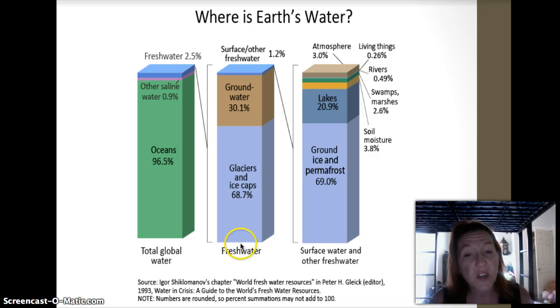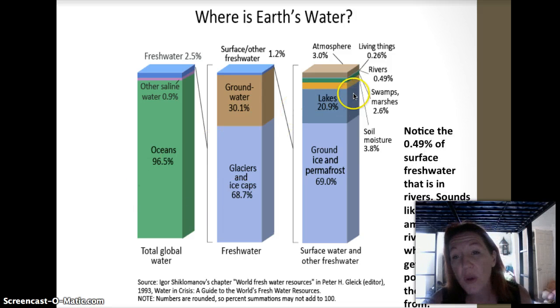But then if we look at fresh water, again, most of it is trapped in ice, and that leaves only 30% for groundwater and 1.2% that's actual surface or other types of fresh water. Last is surface water and other: again, ice, and then lakes.